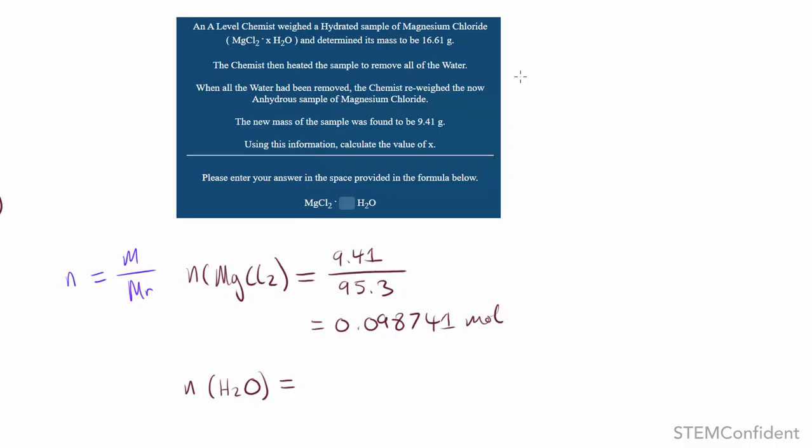So that's effectively 16.61 minus 9.41, right? And that's going to give us our mass for the H2O. So if you do that, that's effectively going to be 7.2 grams, right?